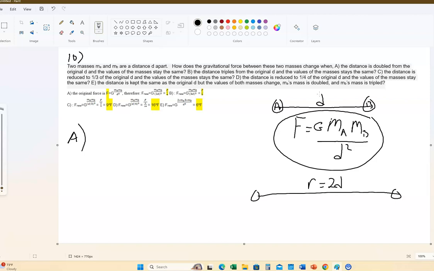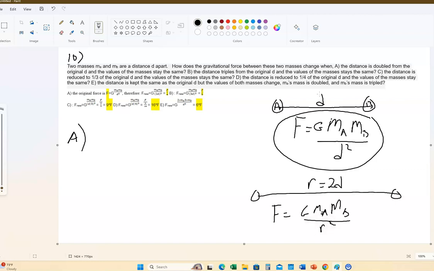That's the idea. And so if I redid the equation, it looks like this. F is equal to big G times mass A times mass B. Those two haven't changed, but then divided by R squared.